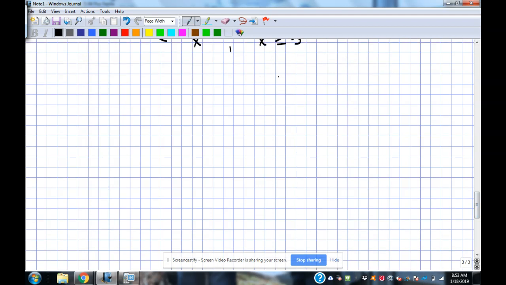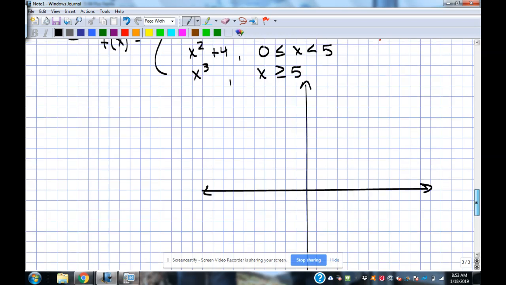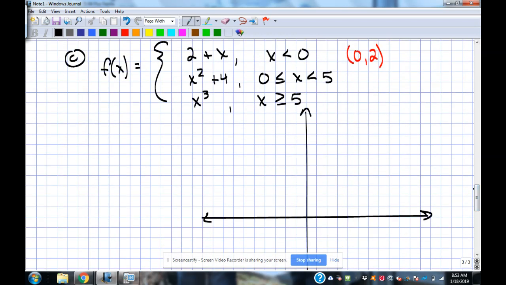Draw my coordinate plane here. And I'm going to go to 0, 2 and put what? Open circle. Because it is not equal to. And then slope would be +1, right?